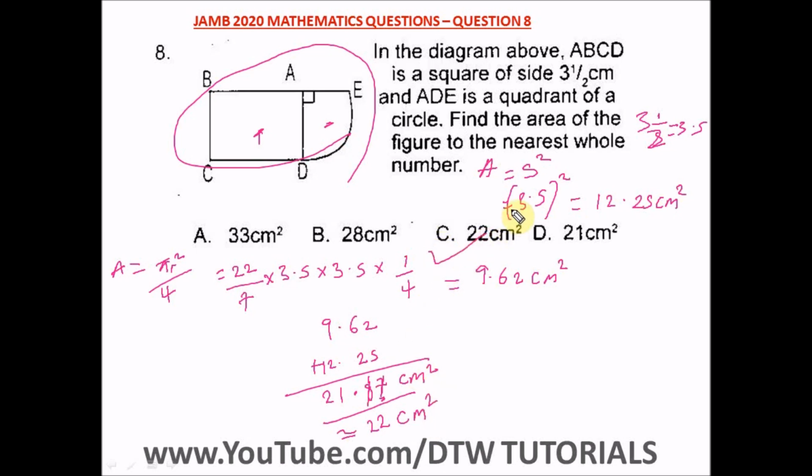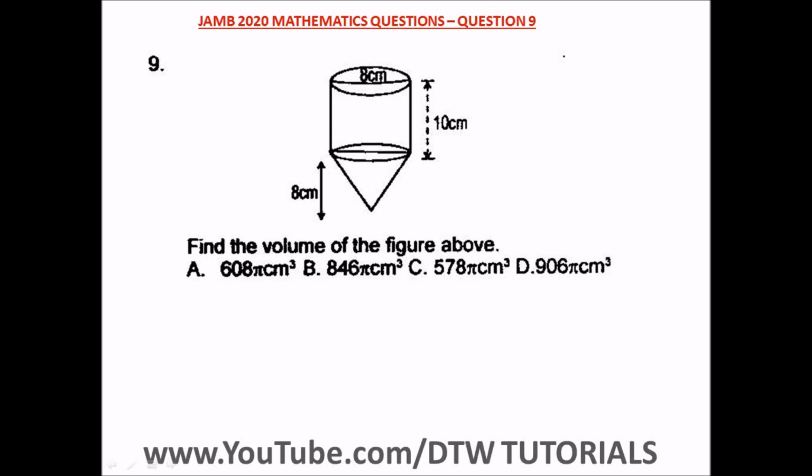So that is that for question number 8. Number 9 says find the volume of the figure above. If you look at this figure, we'll understand that it is a cylinder and a cone all together.